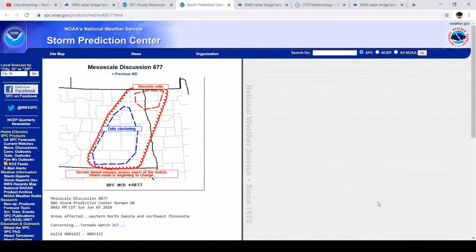Alright, so here we go. A new mesoscale discussion. One about discrete cells, and the other one being cell clusters. Severe threat remains across much of this watch. Storm mode is beginning to change.